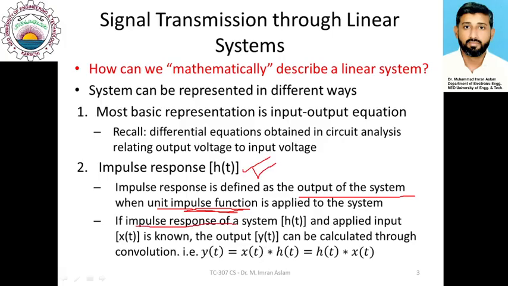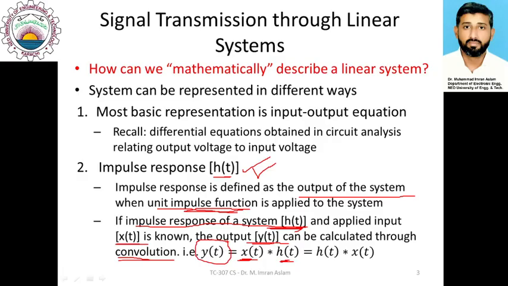If you know the impulse response of a system, where h(t) represents the impulse response, and you know the input, let's say x(t), you can calculate the output by convolution. If you convolve x(t), the input, and h(t), the impulse response, you get the output of the system.